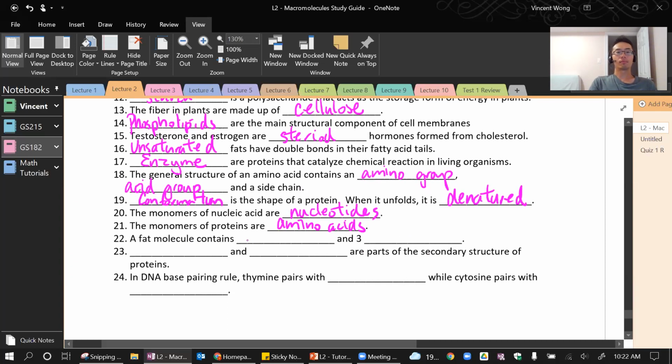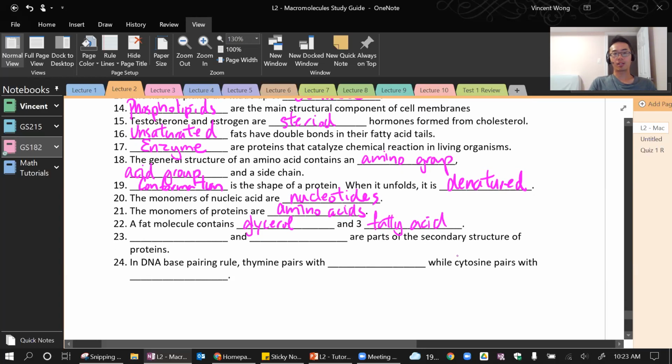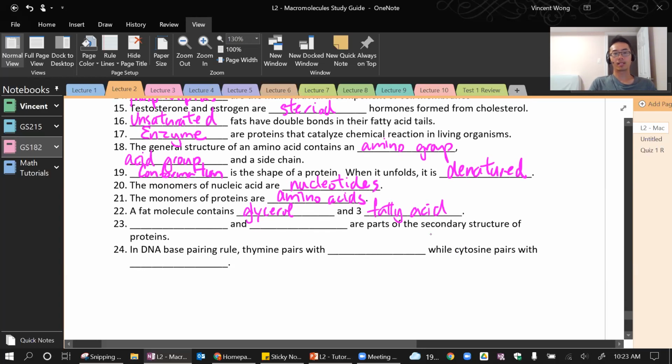Fat molecules contain glycerol, the 3-carbon molecule, and 3 fatty acids. If the fatty acids have double bonds in them, then it's an unsaturated fat. Otherwise, it's a saturated fat.